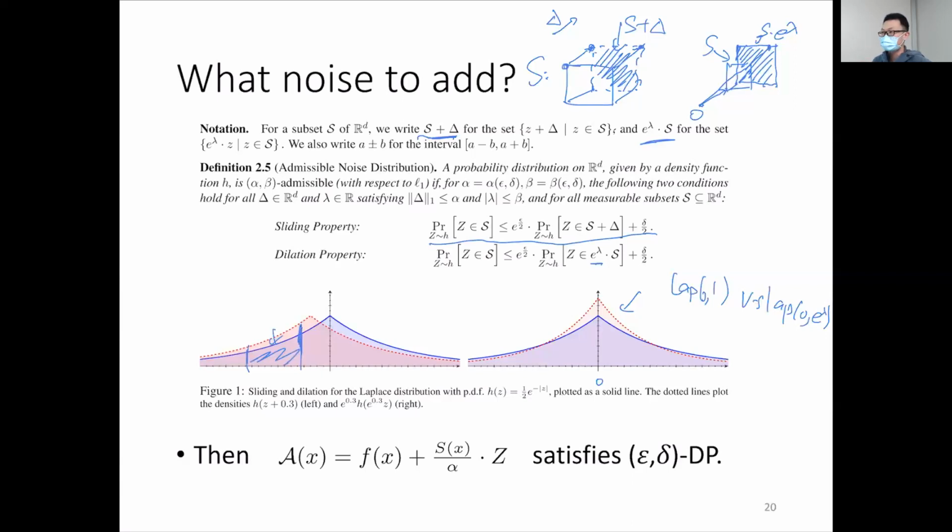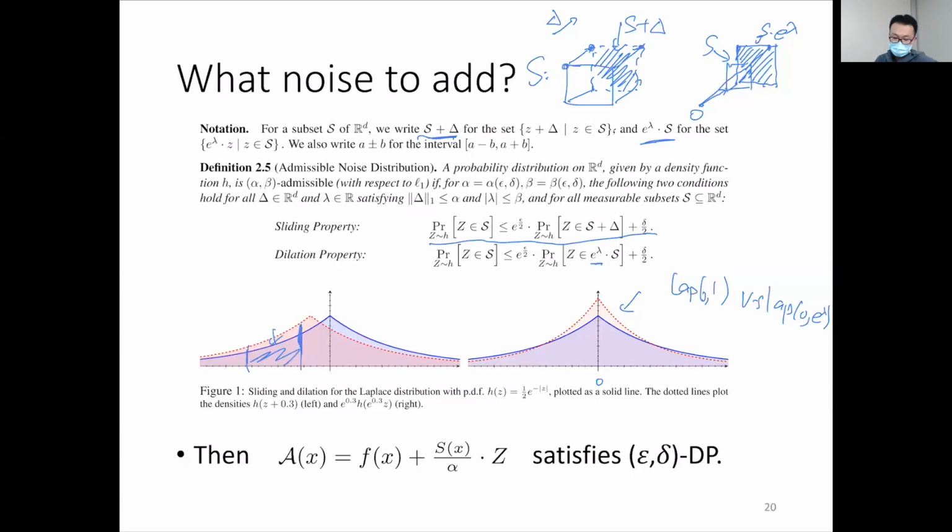We want to add slightly larger noise for data sets that are more well behaved and have smaller local sensitivity, and add a bigger noise when the data set has larger local or smooth sensitivity. So that requires us to also capture the well-behavedness of the noise up to a minor change to the scaling parameter.